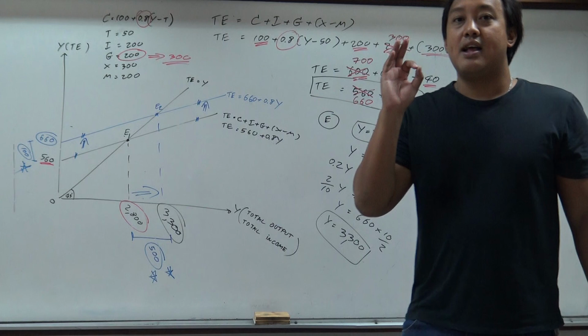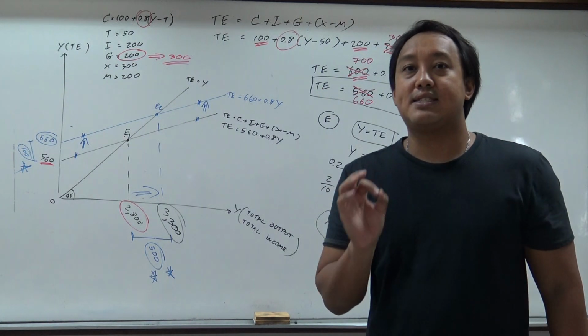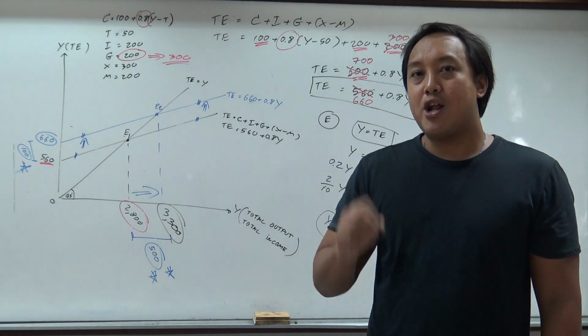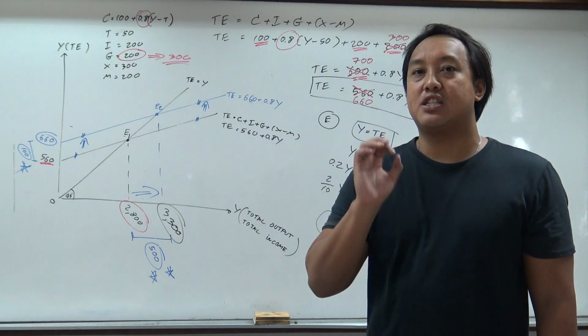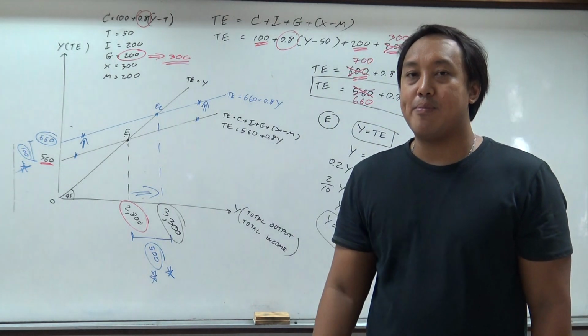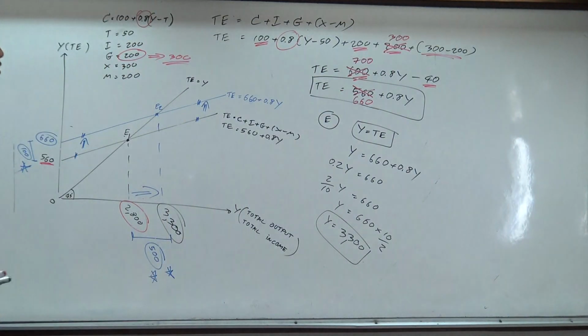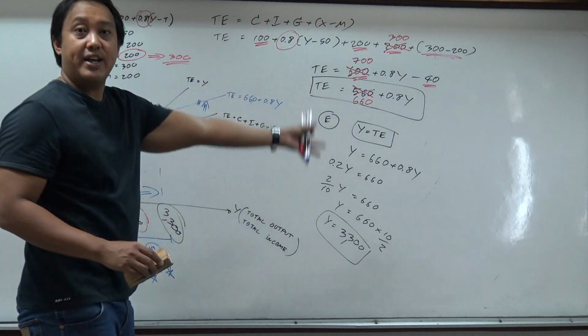Okay, so the next step is where the multiplier effect comes from. We're going to solve for the formula of the multiplier effect. So let me delete everything here.